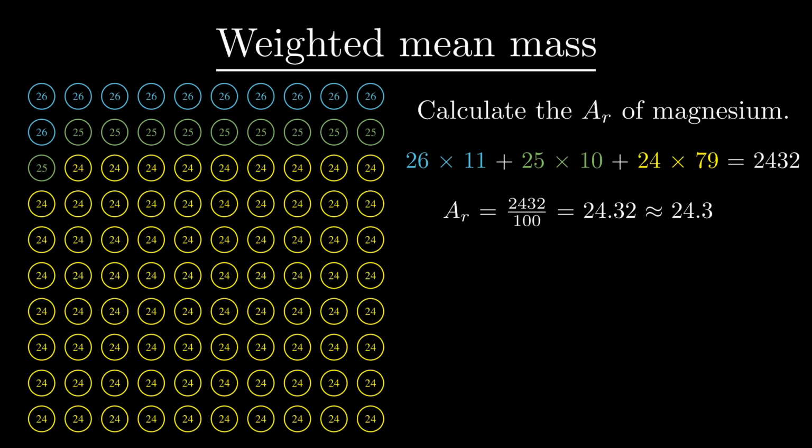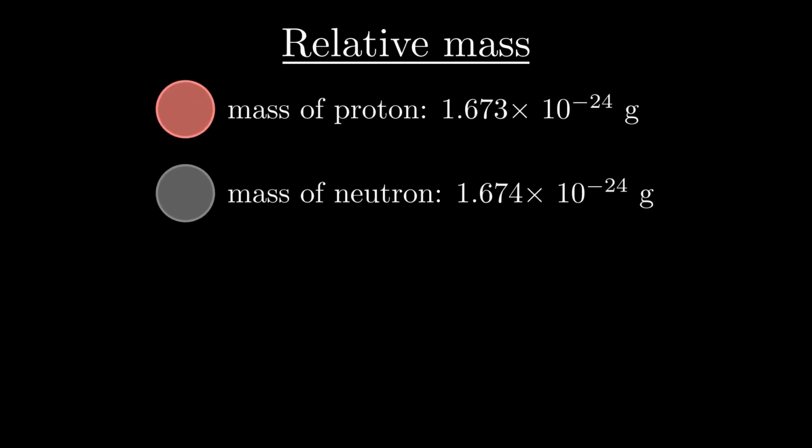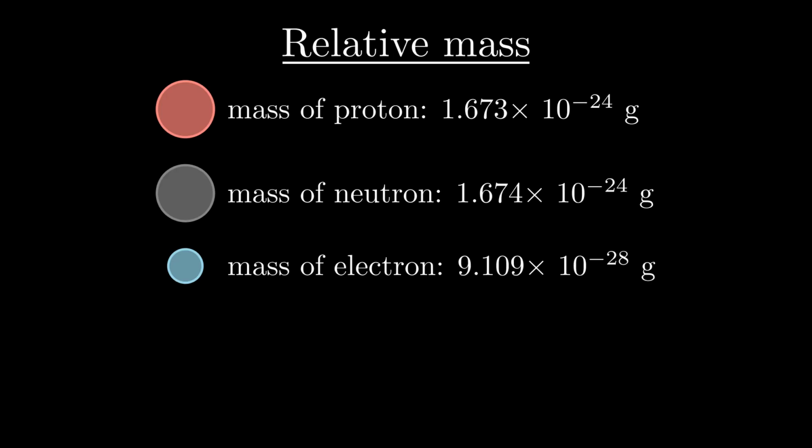Right, but what about the units of this mass? Is it milligrams, grams, or kilograms? Neither is true, and this is where the concept of relative mass comes in. The mass of fundamental particles is so tiny that using them for calculations would make our problem solving unwieldy.